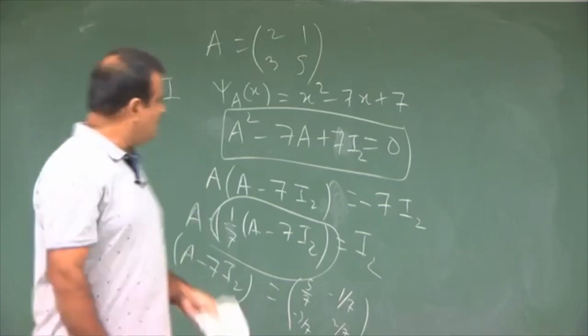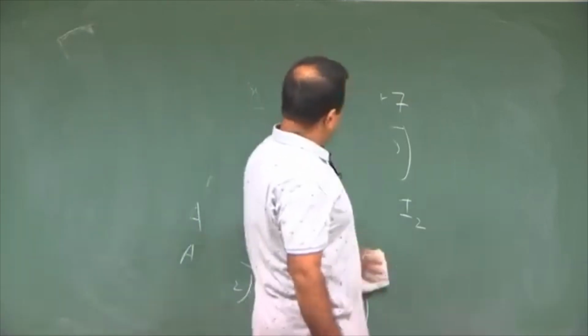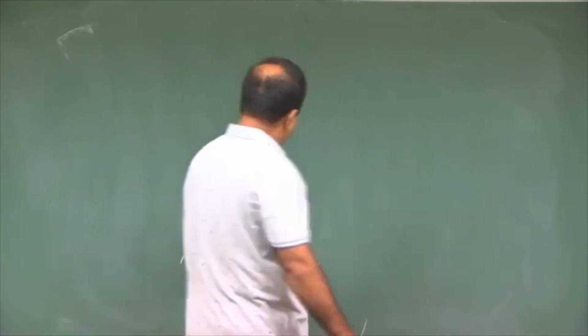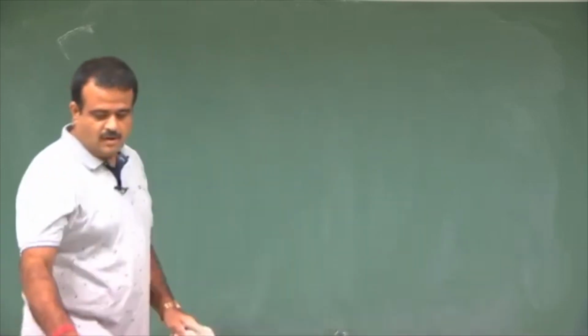So, it has another application, to get the power of some matrix. We have given a matrix A, how to find A to the power 50 or A to the power 100.